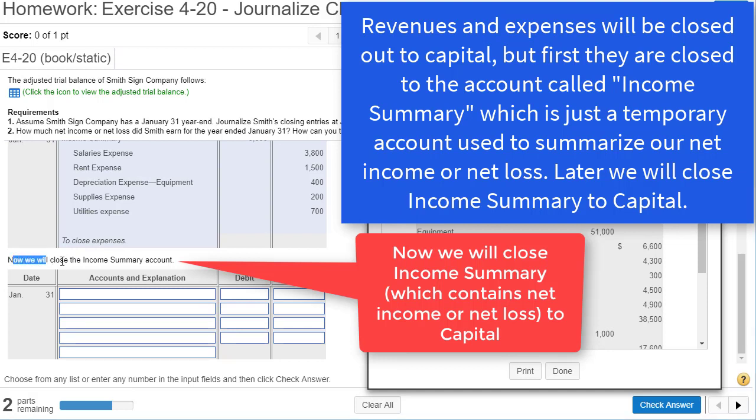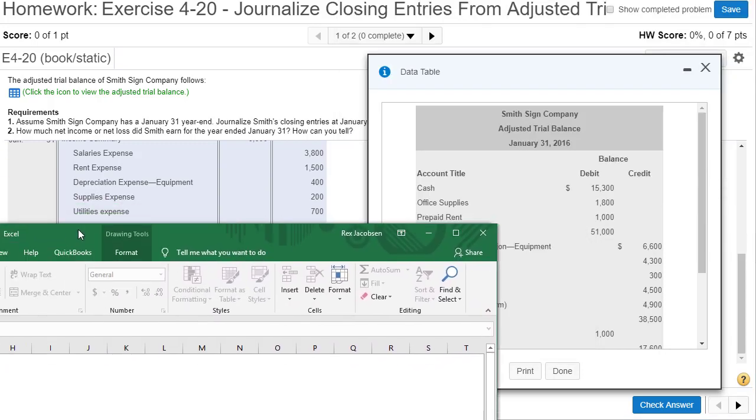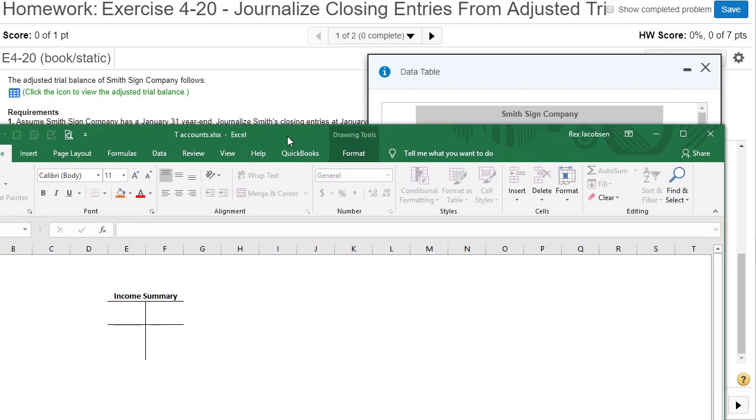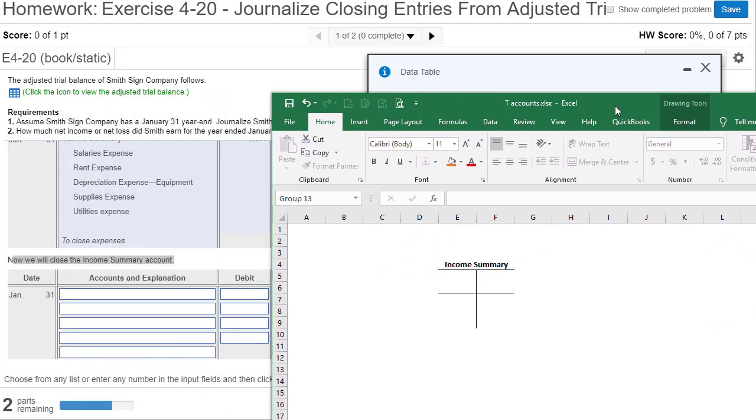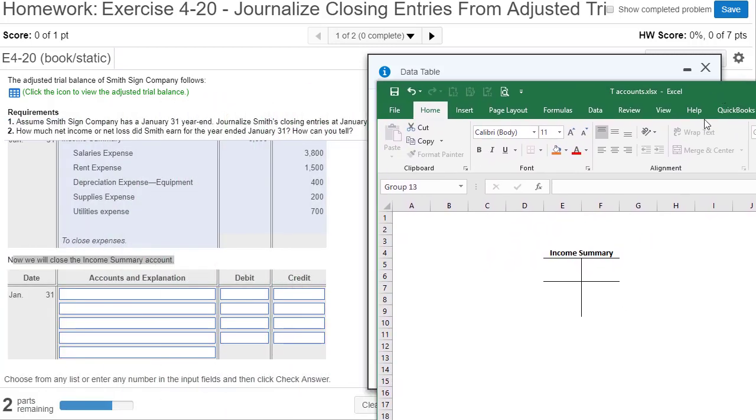Now our next step is to close the income summary account. To do this, it's easiest if you get a piece of scratch paper and draw a T account for income summary. I can't really do a piece of scratch paper for a video, but I can do Excel. So I've got an income summary T account. And there is no plus and minus side for income summary. It is a temporary account with no pluses or minuses.